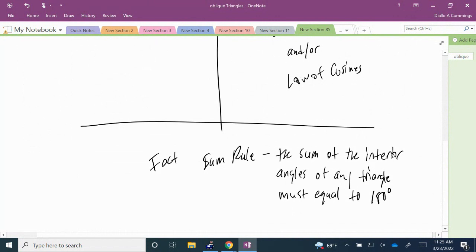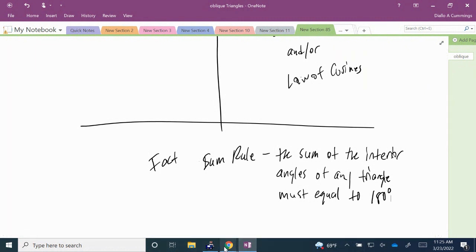Which means that if we're given two angles, we can always find the third angle based on the fact that there are 180 degrees within the sum of the interior angles of any triangle, right? So you're going to see this sum rule used in the problems that we're dealing with today.